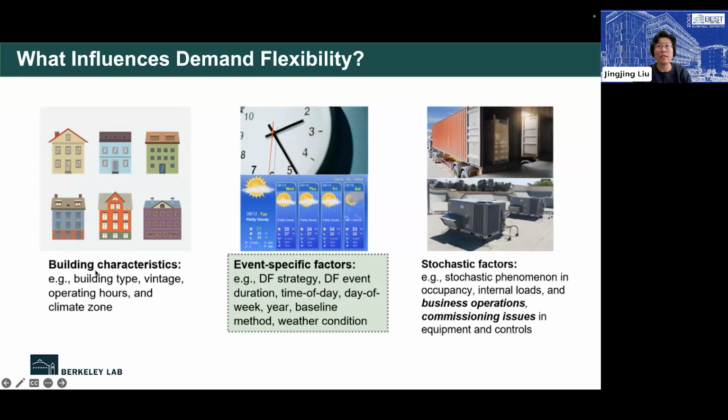In our framework for this work, we have categorized all of the key influential factors into these three categories. There are a lot of factors that are relatively stable, related to the building characteristics. Then there are some factors that change from one day to another, from one event to another. And on top of all this, there are also stochastic factors that are even harder to capture.